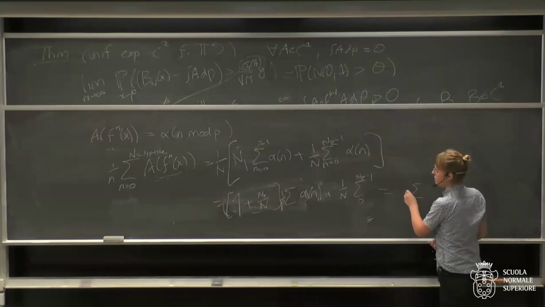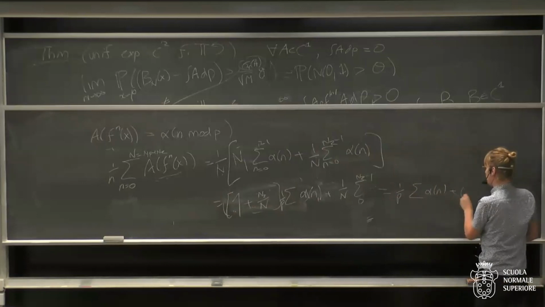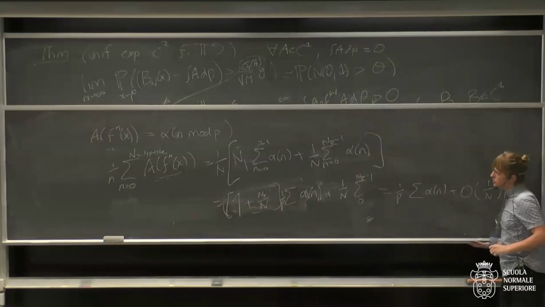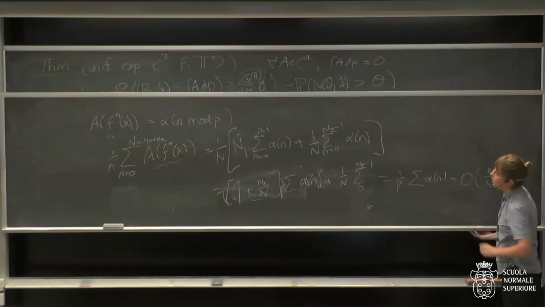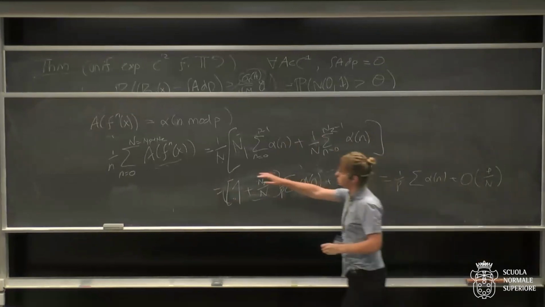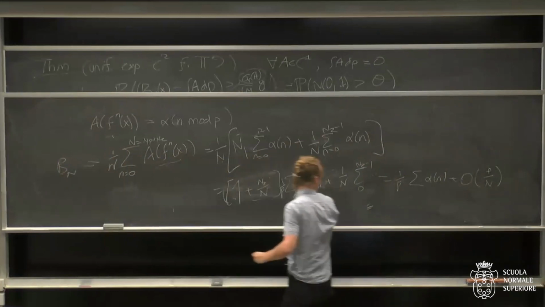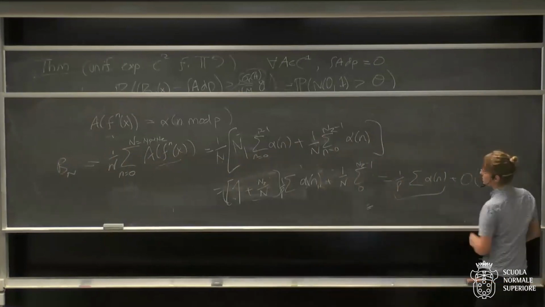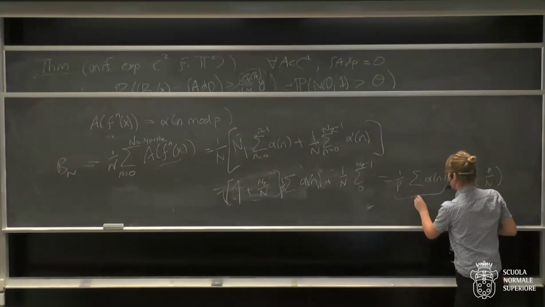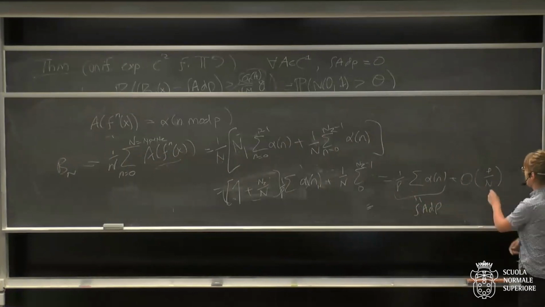Basically, you get the mean of alpha of n plus order p on n. So here you have a periodic thing, and this Birkhoff mean is going to converge to some limit, which is going to be the physical measure of this periodic orbit, plus something that decays as order 1 on n.